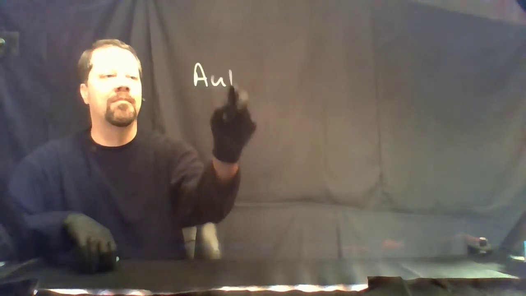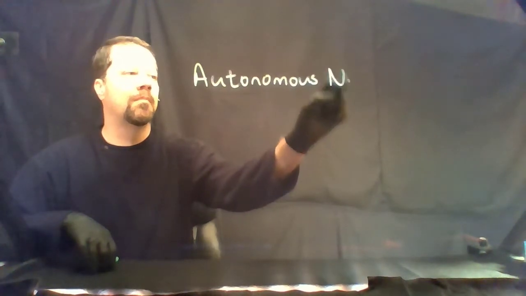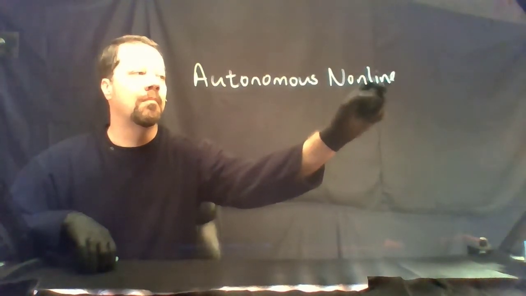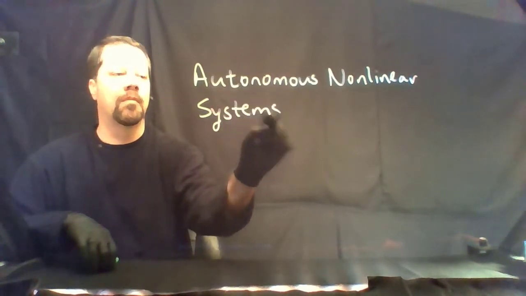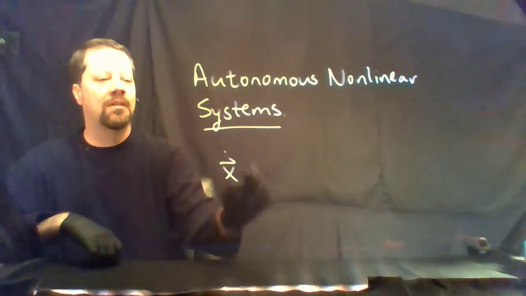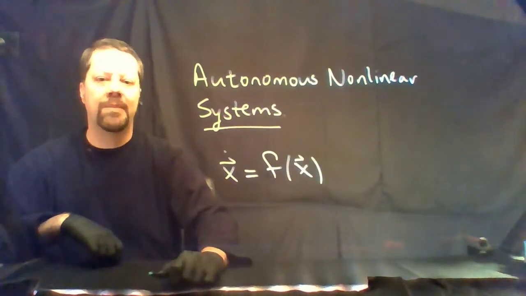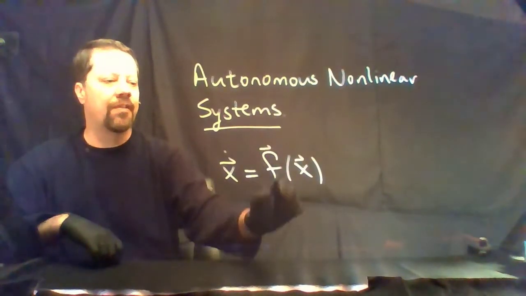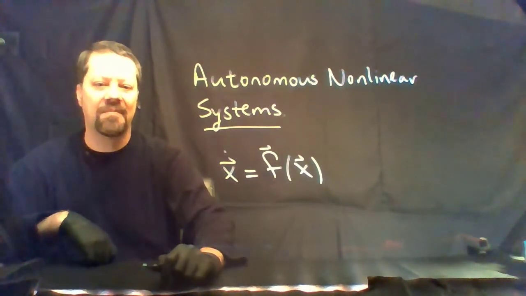Today we're going to talk about autonomous nonlinear systems. As you recall, these systems have this form, where in particular the function on the right-hand side does not depend upon the independent variable t.